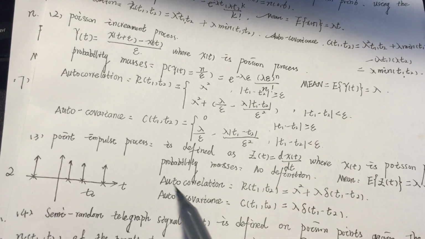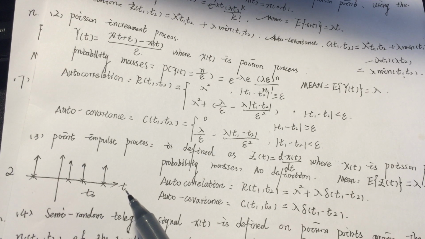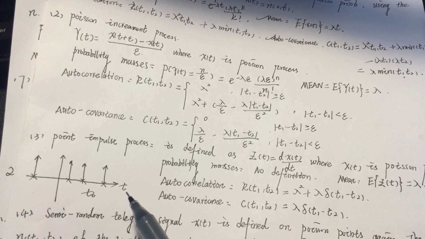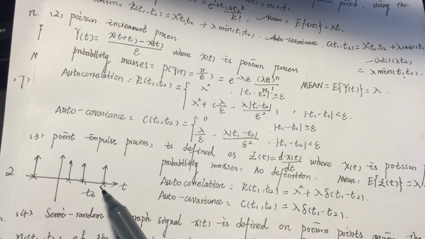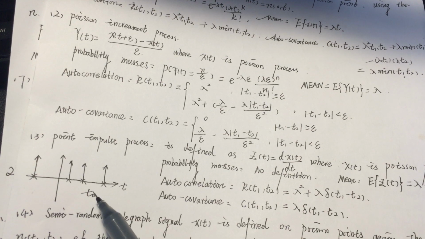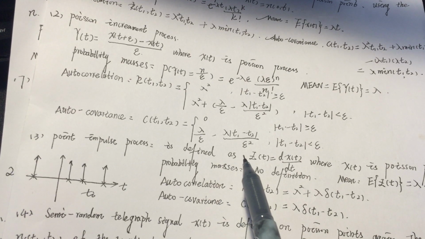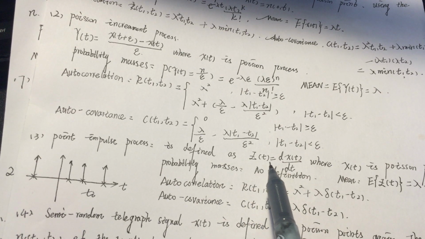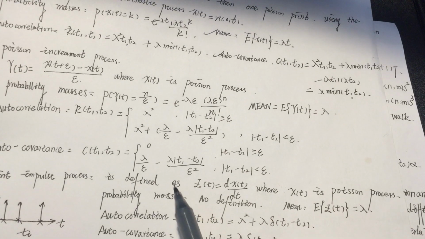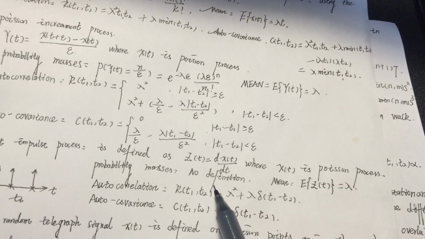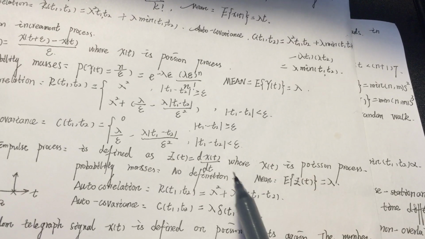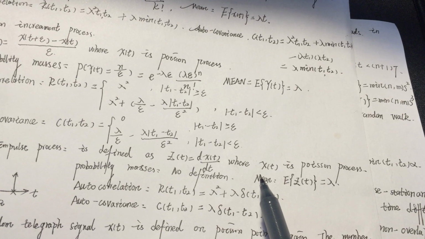So if we want to know the point impulse process, which is shown in the following graph, it has several impulses at specific time values. It can be defined as Z(t) equals the derivative of X(t) with respect to t, where X(t) is a Poisson process.